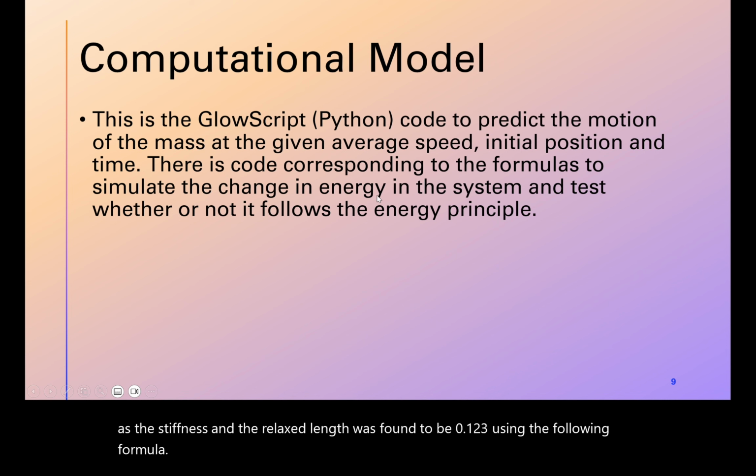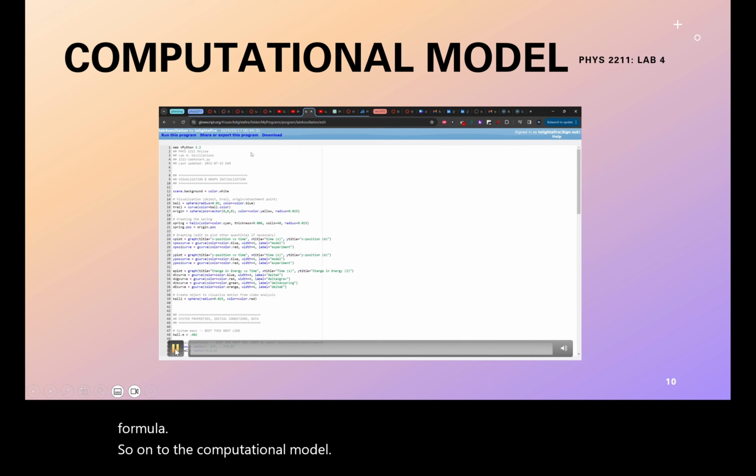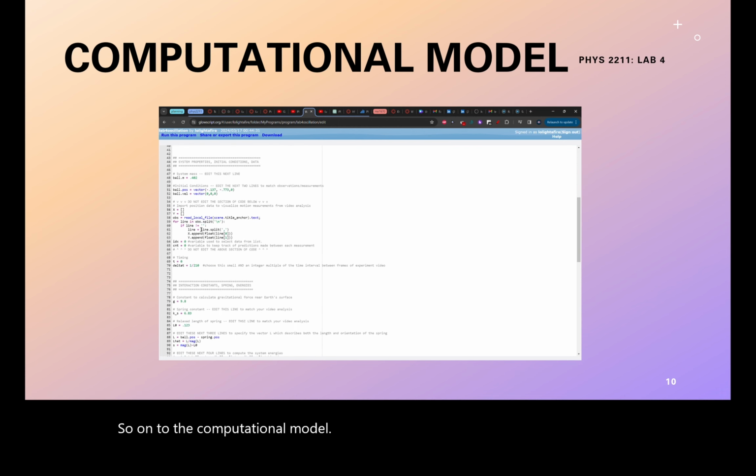So on to the computational model. As you can see here, this is the GlowScript code to simulate the motion of the mass.